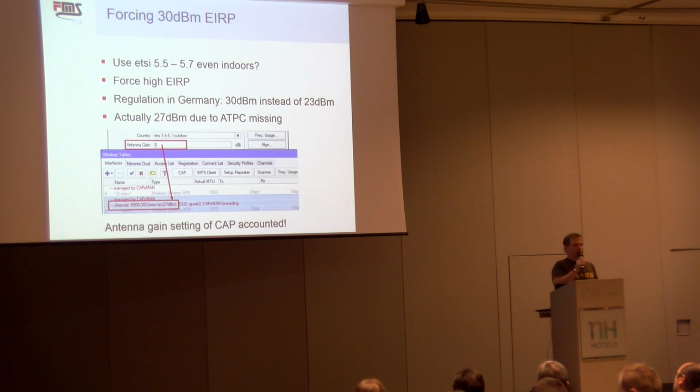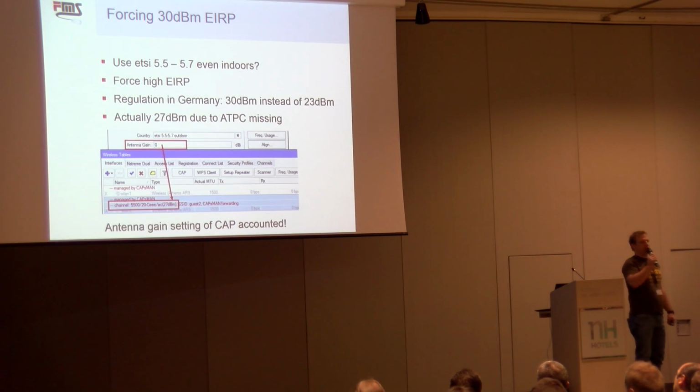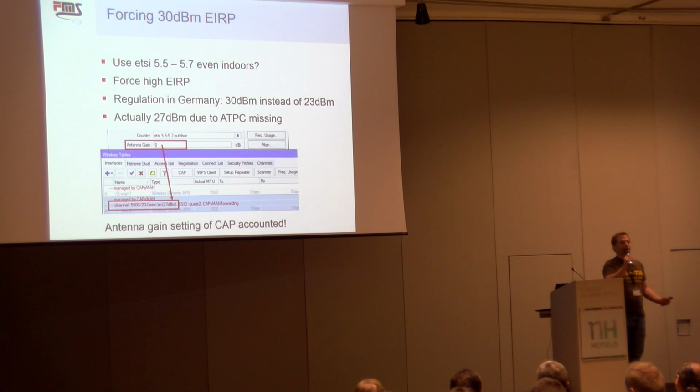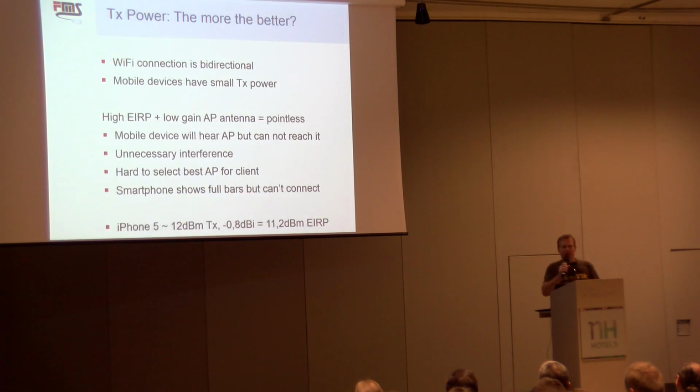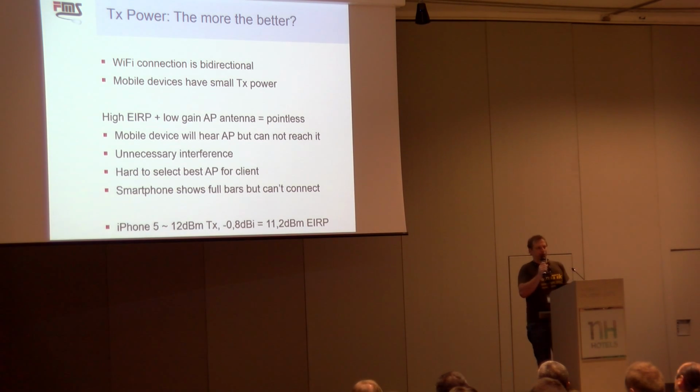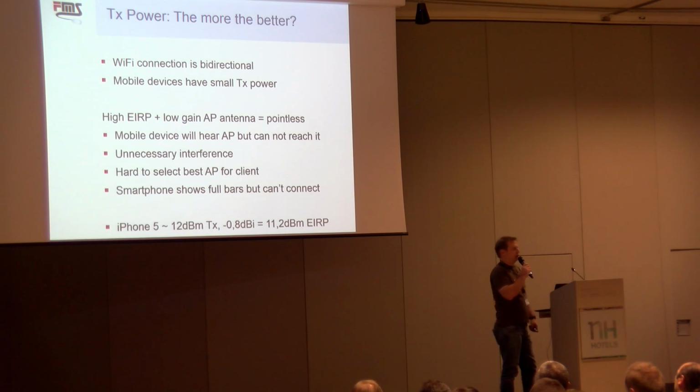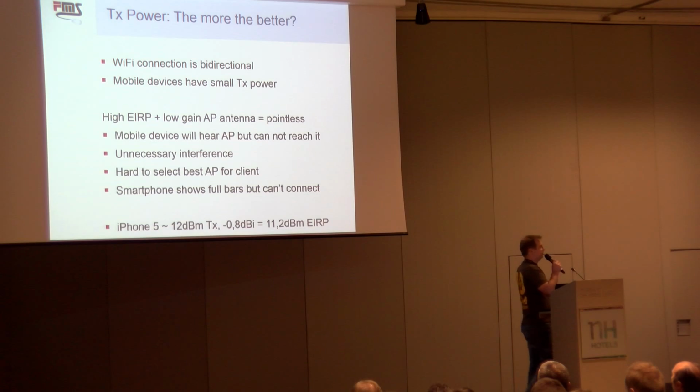So now we see we don't have to care since MikroTik does that themselves, and we would have a possibility to use high EIRP in indoor installations. But let's think if that's really necessary or if that's really good.